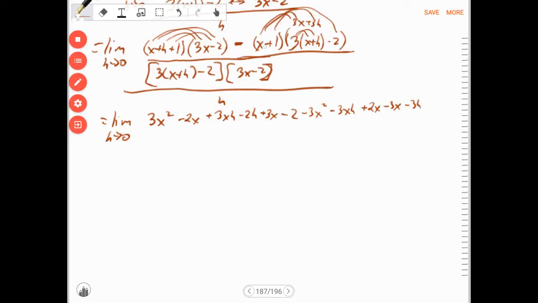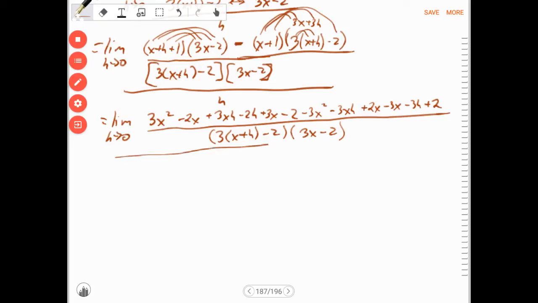Wow, this is big, hey? Then negative 1 times negative 2 is plus 2. And then of course 3x plus h minus 2 times 3x minus 2, all of course divided by h.